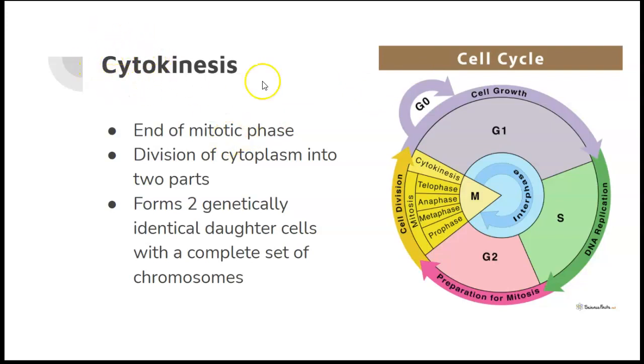Cyto, cell, kinesis, split. So you're splitting the cytoplasm here. That's why we call it cytokinesis. So in mitosis, you have the division of nuclei. In cytokinesis, you have the division of cytoplasm. At the end of cytokinesis, you have 2 genetically identical daughter cells with a complete set of chromosomes.